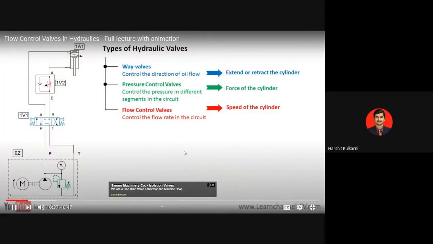The cylinder can be controlled by different valves to control the direction. I hope you got a broad understanding of needle valve.